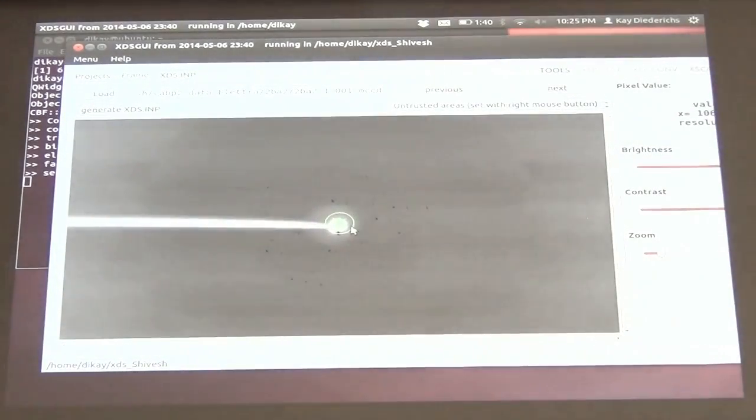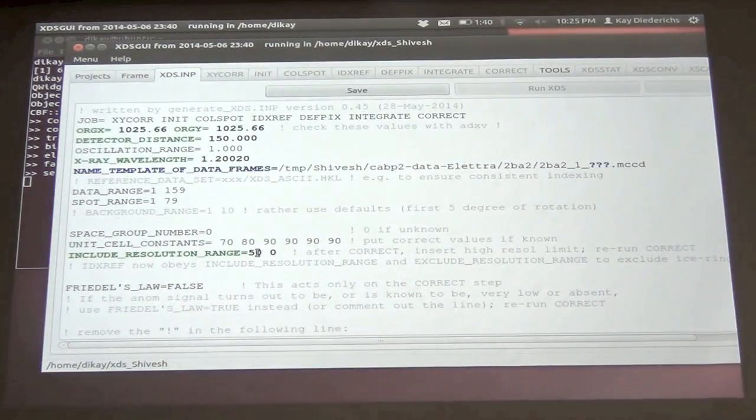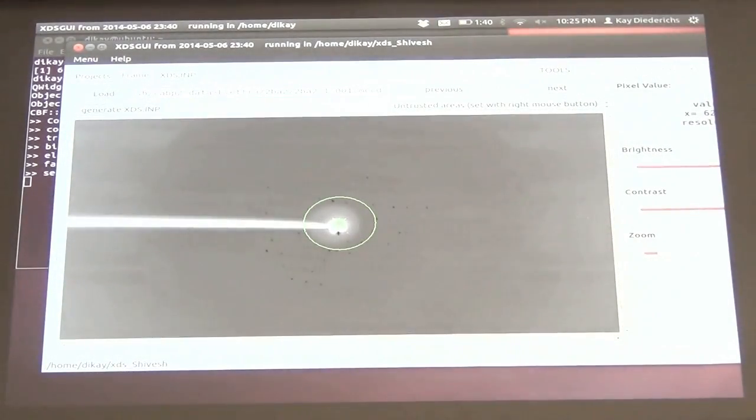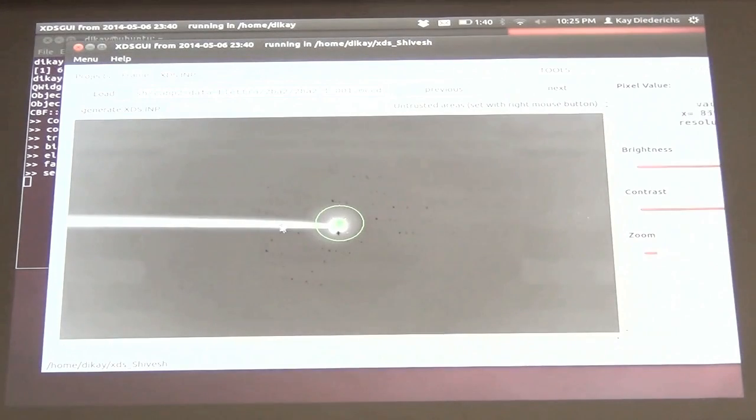I could now say, okay, don't use 50, use 20 or so. Maybe I should do this. Just change the 50 into a 20 and go back to the frame. So the tabs are simply connected with each other. If I change the number, it will change. This looks ultimately good.